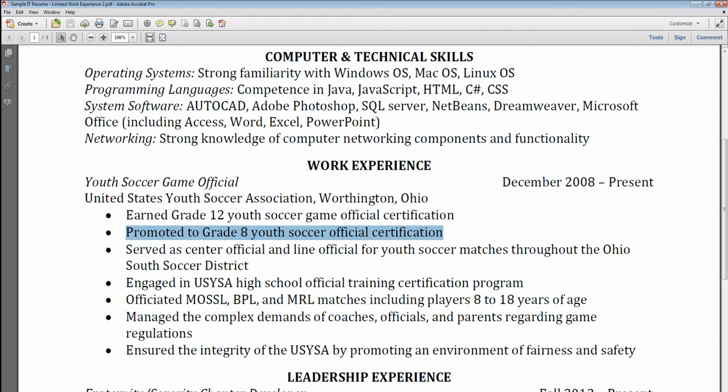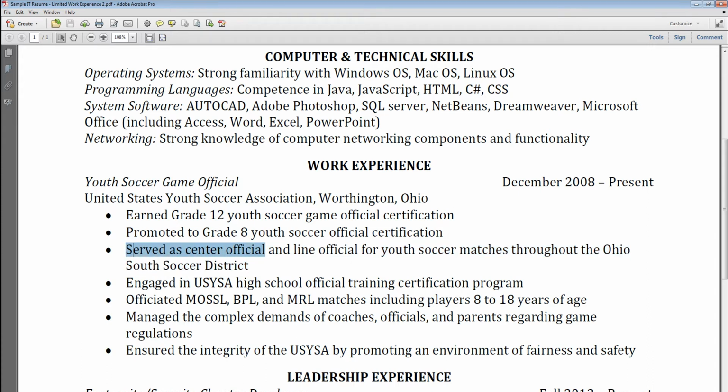So again, a promotion took place in this role, and that's something that is very interesting and important for employers to see. So that's a good articulation of that. And then another example is this individual served as center official and line official for youth soccer matches throughout the Ohio South Soccer District. So this particular bullet point shows the action that took place.